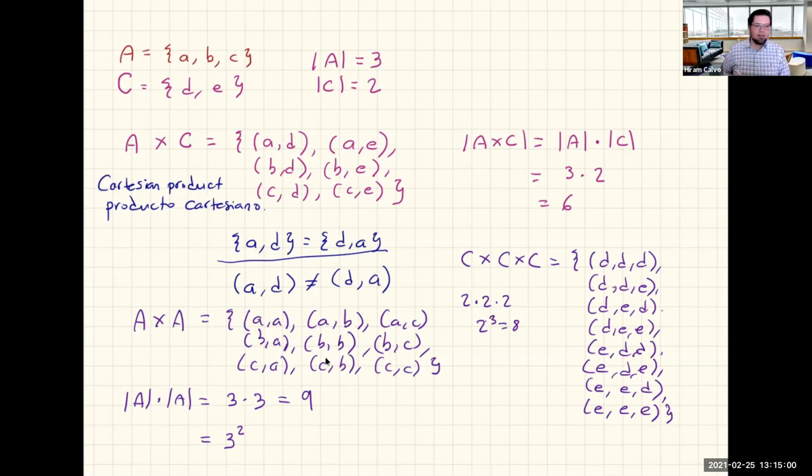Okay, then also to represent these Cartesian products of the set with itself, we will be using this notation here, A squared, and also here C cubed. However, this is very different than this operation. Here we have a power operation, 2 to the power of 3, and this is very different to this 3 here.